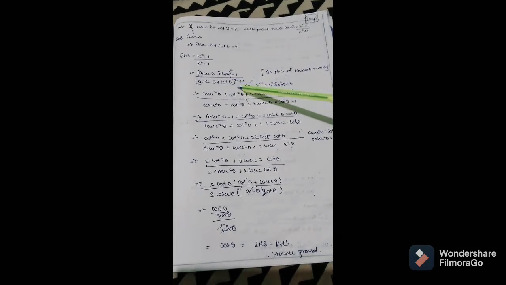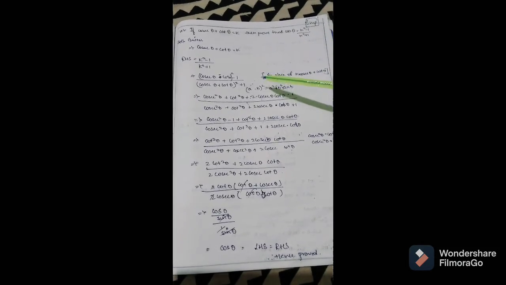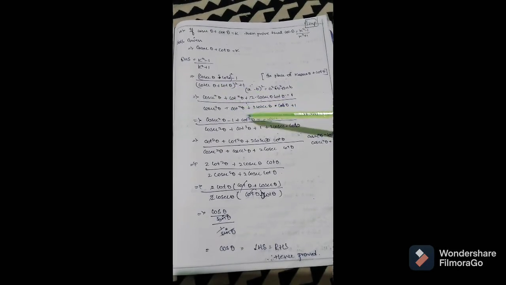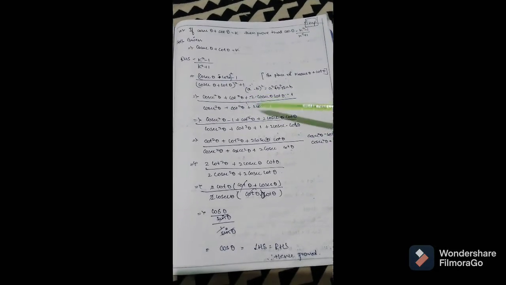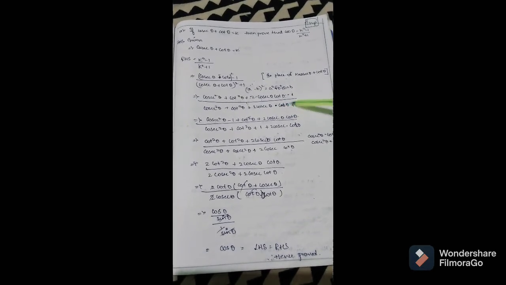This is in the form of A plus B whole square. We know A plus B whole square is equal to A square plus B square plus 2AB. So we'll get cosecant square theta as it is, cot square theta as it is, and 2 into cosecant theta into cot theta as it is, plus 1 as it is.